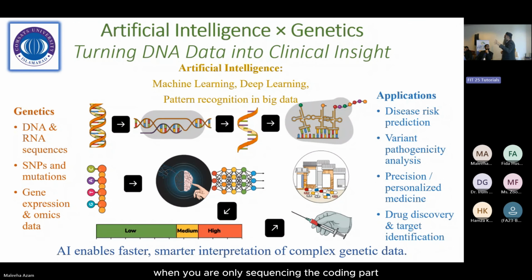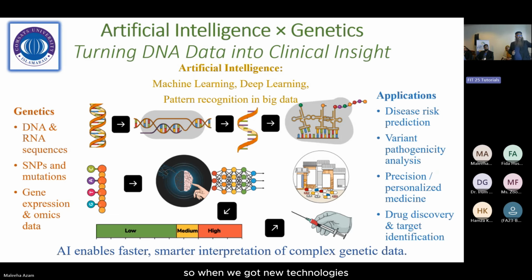Whole exome is when you are only sequencing the coding part, meaning the exonic sequences that code the proteins. Humans are all made up of proteins, and thousands of proteins are involved in different functions. Some are structural proteins, some are functional proteins. So when there are mutations, they are translated into proteins.